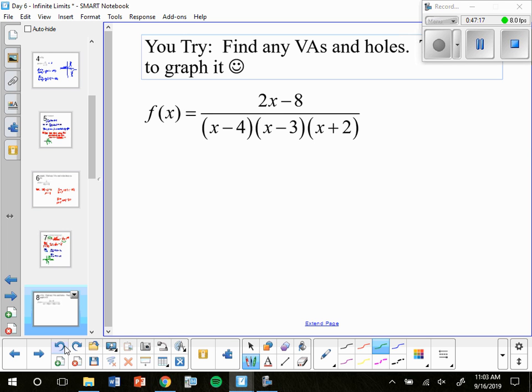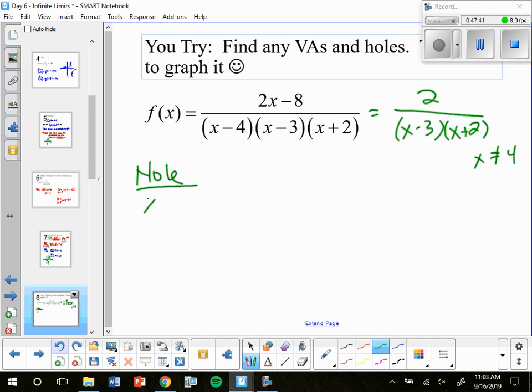Yeah, so if I factor this into 2 times x minus 4, this simplifies into 2 over x minus 3 times x plus 2. Everyone good with that? Except, that's true except when x is 4, because 4 is not in my domain. So because I got rid of the discontinuity at 4, I know that I have a hole at x equals 4.